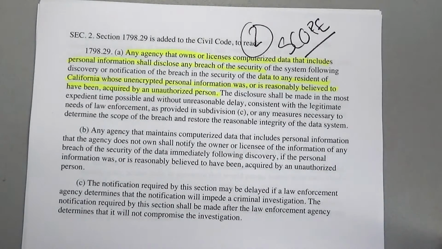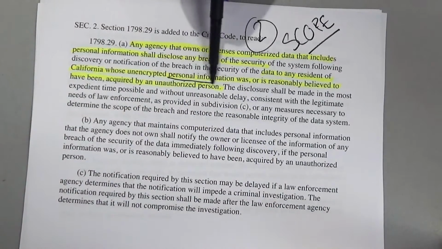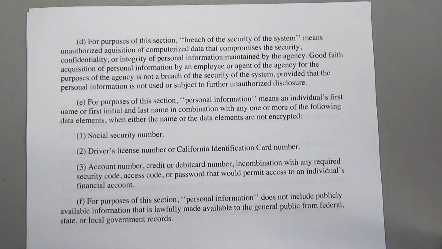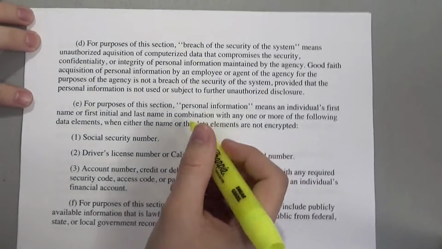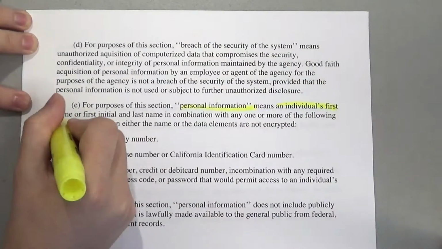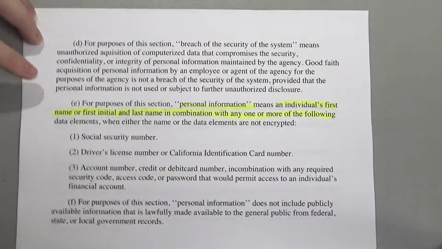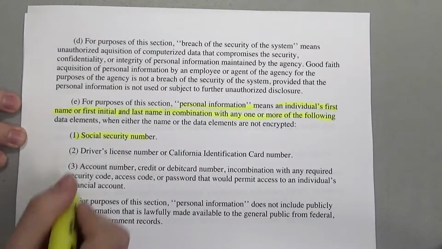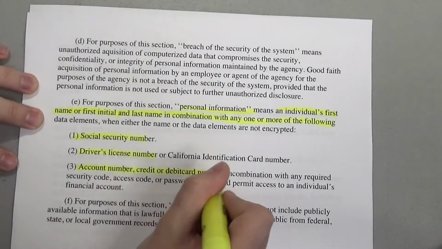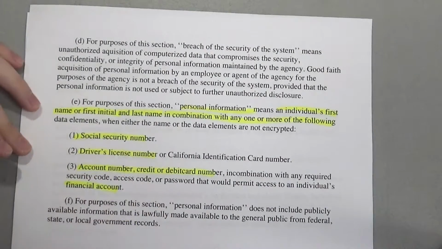So to continue investigating the scope, one of the words in this definition is personal information. They further go on to define what exactly they define as personal information. So personal information is an individual's first name or first initial and last name in combination with any of the following: social security number, driver's license number, your account number, debit or credit card number, pretty much any type of account number that can be used to access financial information.